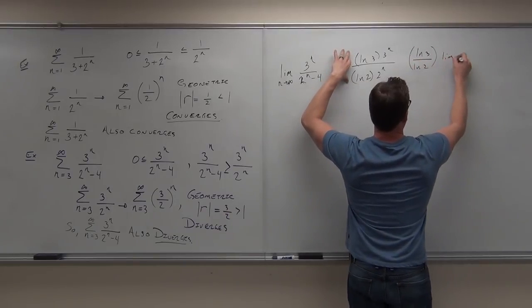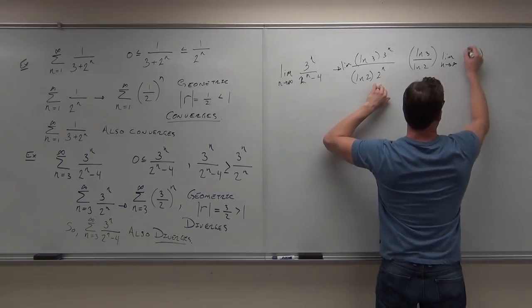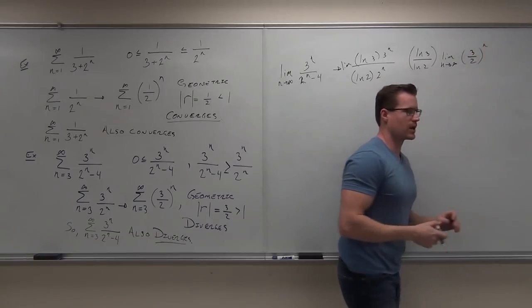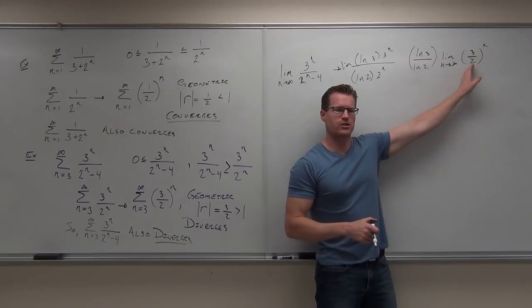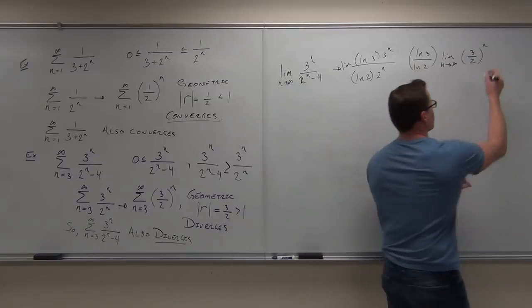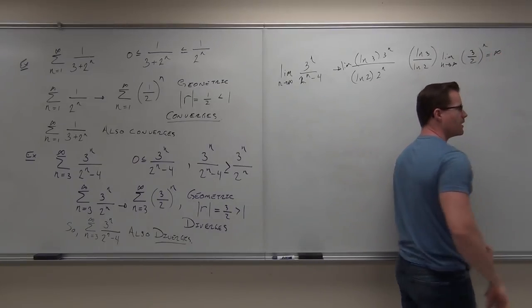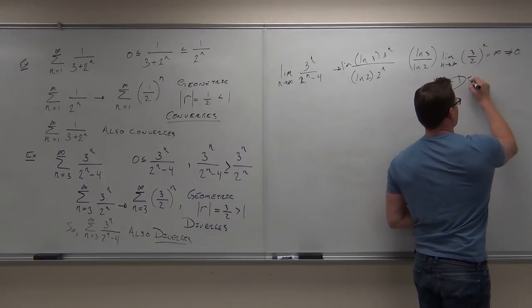Have the limit as n approaches infinity of (3/2) to the n. And then we think, okay, this is a fraction that's greater than 1, true? A fraction greater than 1 being raised to the infinity power. That's going to grow and grow and grow. This equals infinity. Therefore, this does not equal 0, divergence.